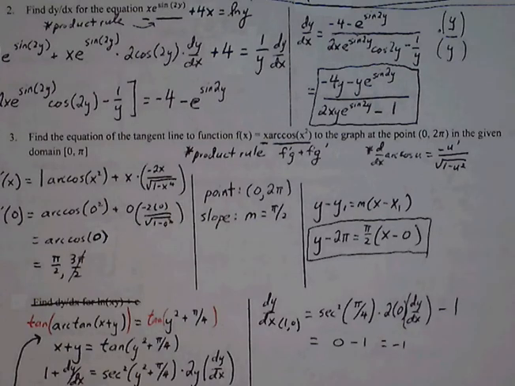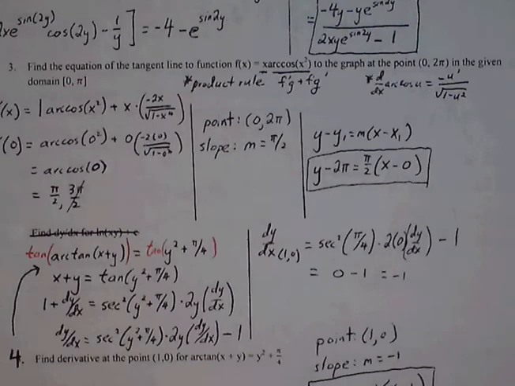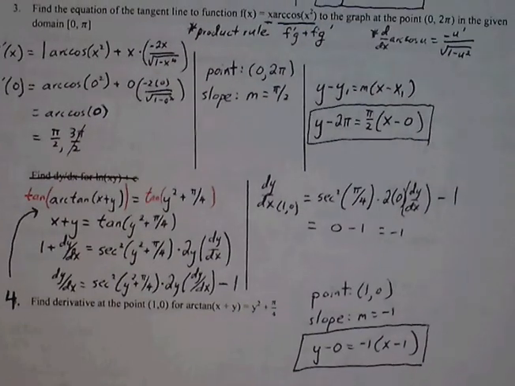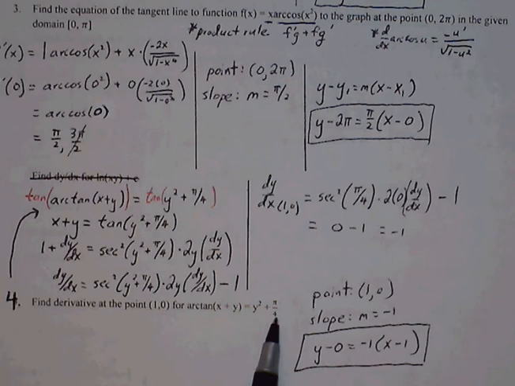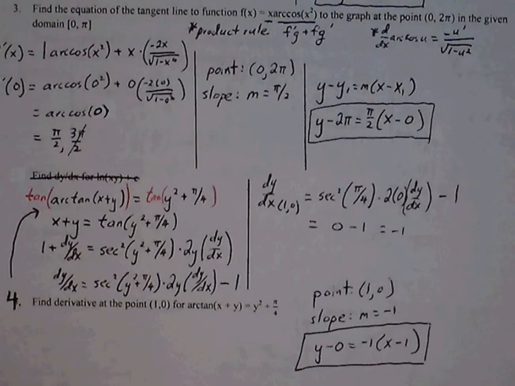Okay, number 4, find the derivative at the point 1, 0 for arc tangent of x plus y equals y squared plus pi over 4. Let's go ahead and find the equation of the tangent line as well.